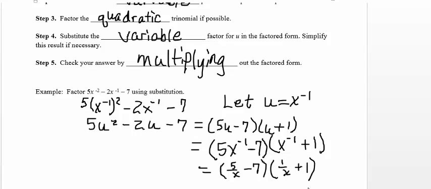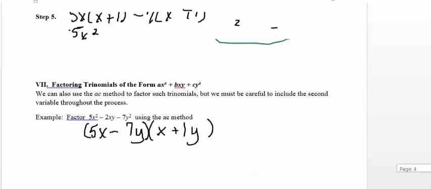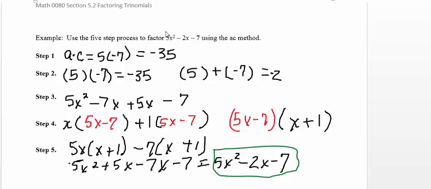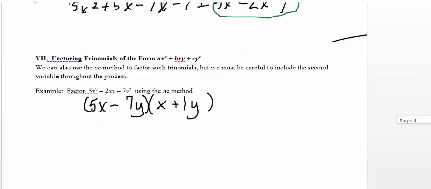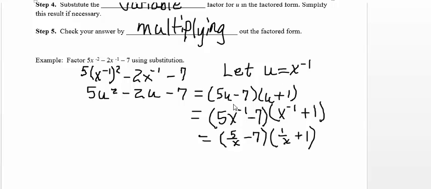And if we want to write it with no negative exponents, 5x to the minus 1 is 5 over x, so this is 5 over x minus 7 times 1 over x plus 1. All right, and here's our final answer, no negative or zero exponents.